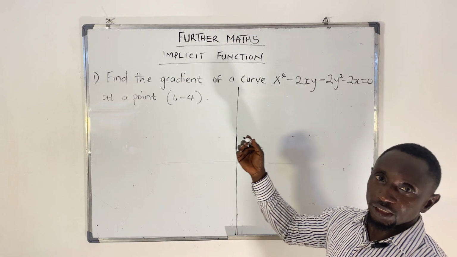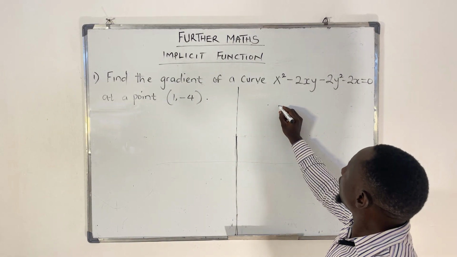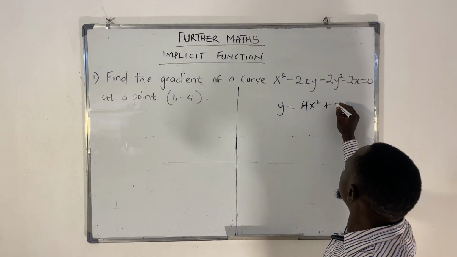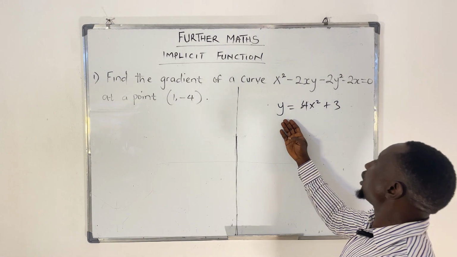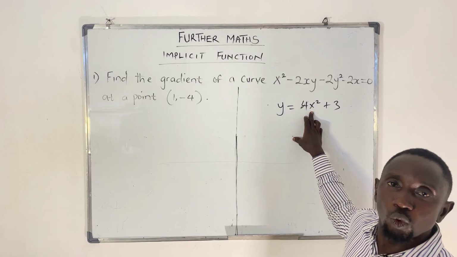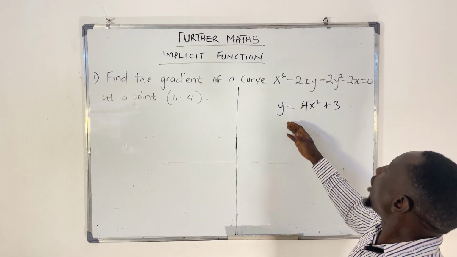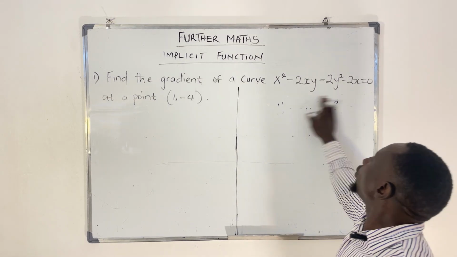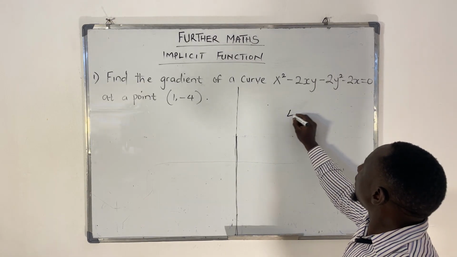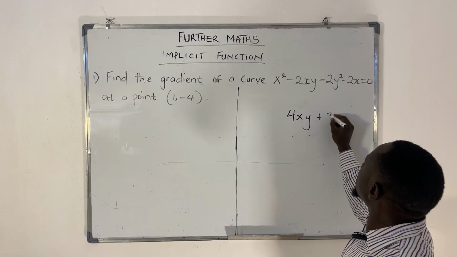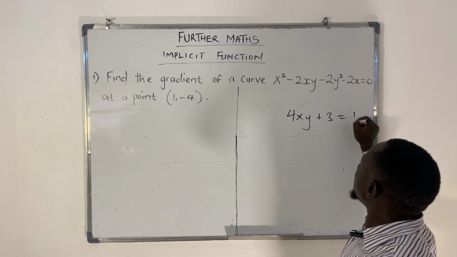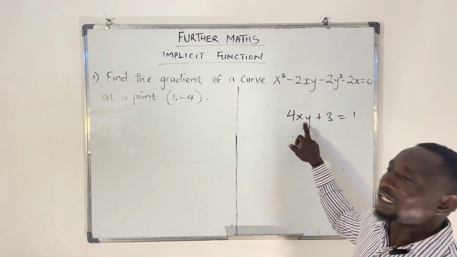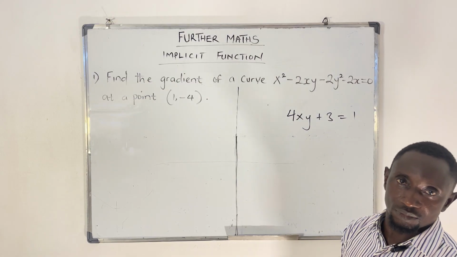I said normally, under differentiation, you might be given something like y is equal to, let's say, 4x squared plus 3, and you are asked to differentiate y with respect to x. Here, y is expressed explicitly. But whenever you have a situation like 4xy plus 3 is equal to, let's say, 1, here y is seen as a function of x.